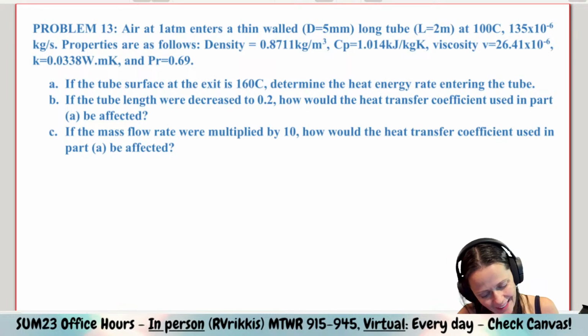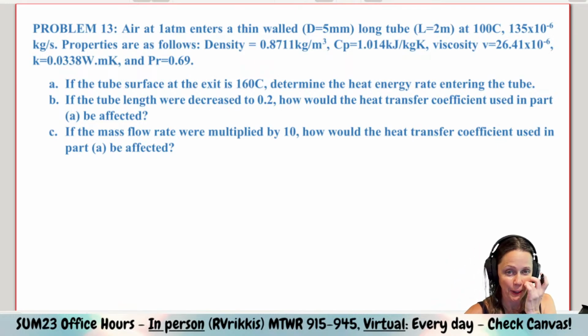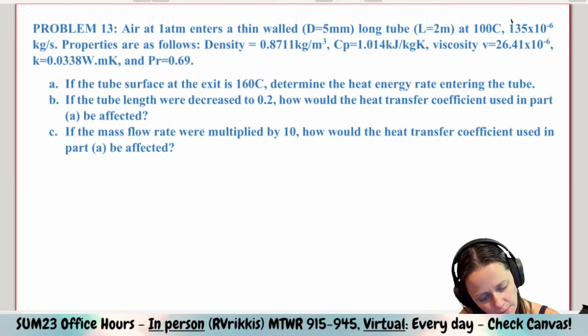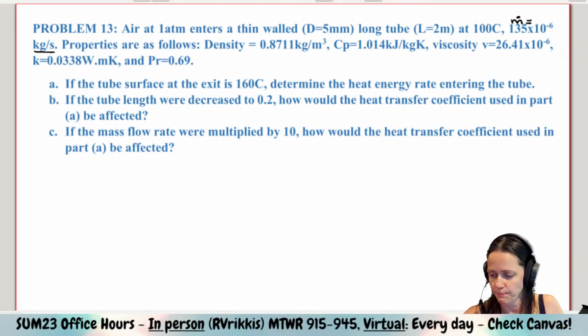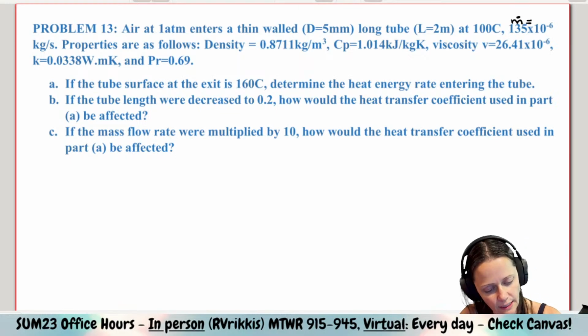Okay. All right, so now we have air coming into a thin-walled tube. We've got a diameter given to you and a length, 100 degrees Celsius. I think this must be our mass flow rate because it's in kilograms per second. We have properties: density we're given, we've got a CP value, we've got a viscosity. Again, this is the kinematic viscosity, and this is meters squared per second.